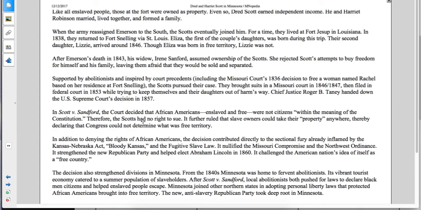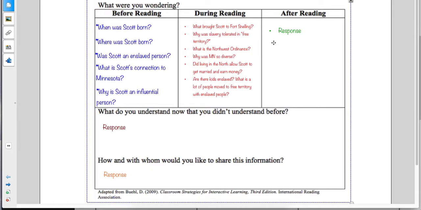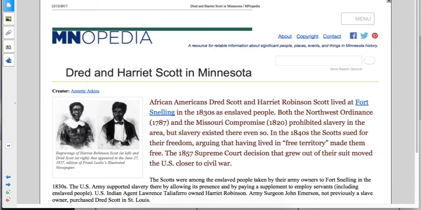What if everybody moved up there with their enslaved people? Wouldn't that mean it wouldn't necessarily be a free place anymore? See, I got a bunch of questions forming.